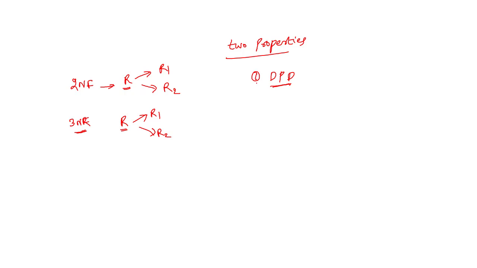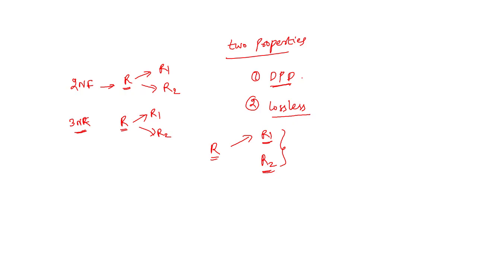This is the first property. The second property is that it must be a lossless decomposition. Whatever data we have in the relation R must be present in the join of these two relations. This is called lossless join dependency.